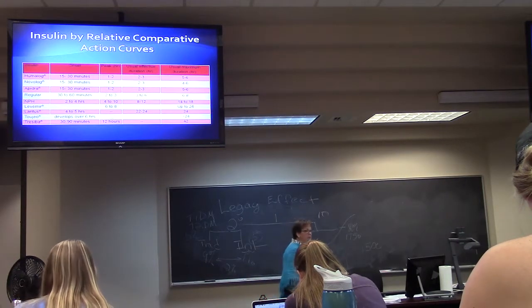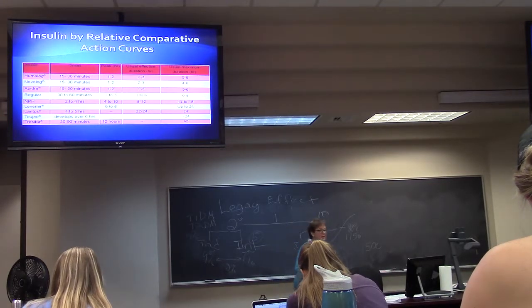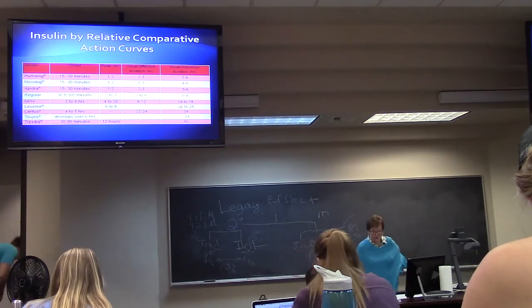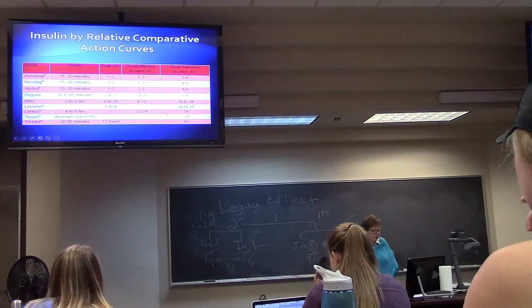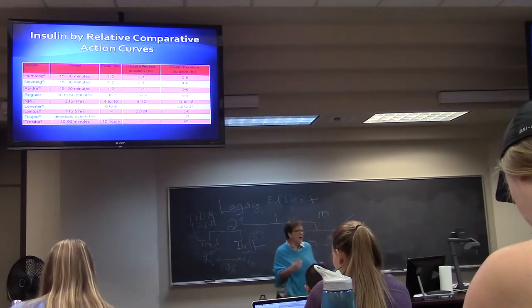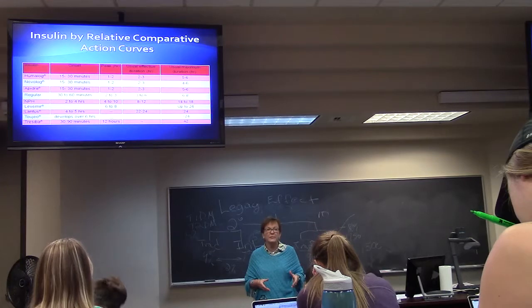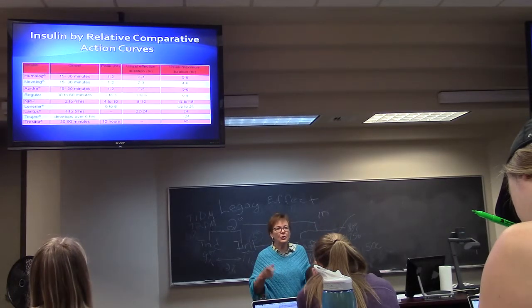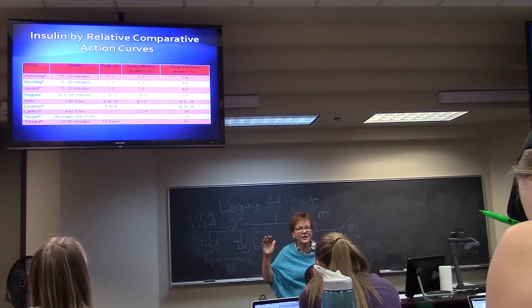It's very important to have an understanding of their relative pharmacokinetic curves or their action curves. So this you have to know, this chart right here. The reason why is that if you know the onset, you know when the insulin has to be administered. If you know peak, you know when the most glucose lowering action is present.